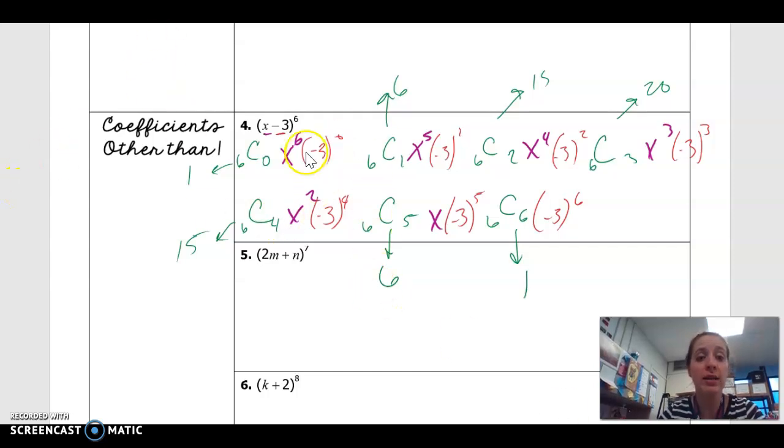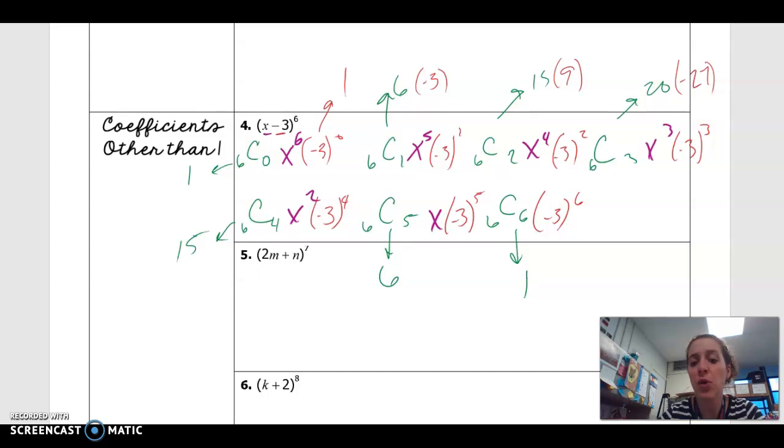Now let's simplify the negative 3 that I have to deal with. I know anything to the 0 is 1. Negative 3 to the first power would be negative 3. Negative 3 squared, that negative goes away and it becomes a positive 9. Negative 3 cubed is negative 27.